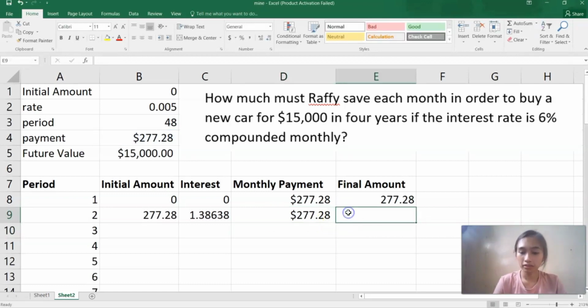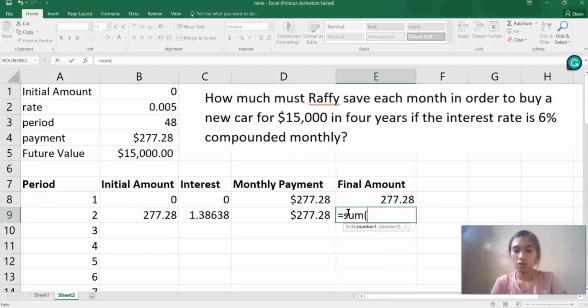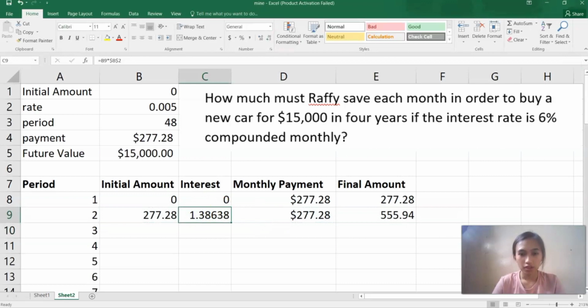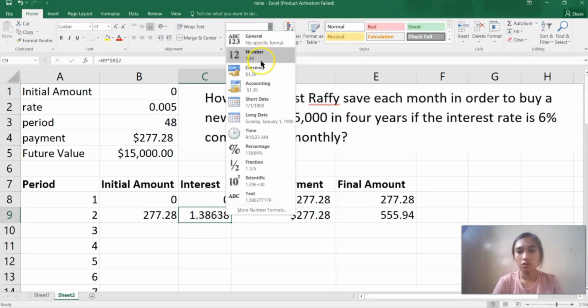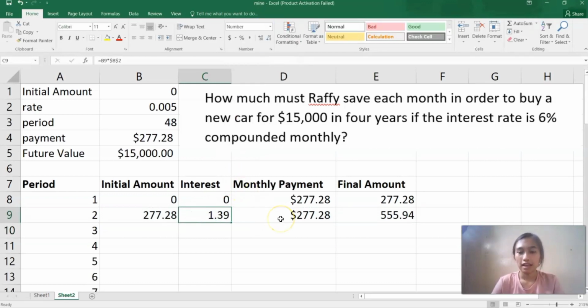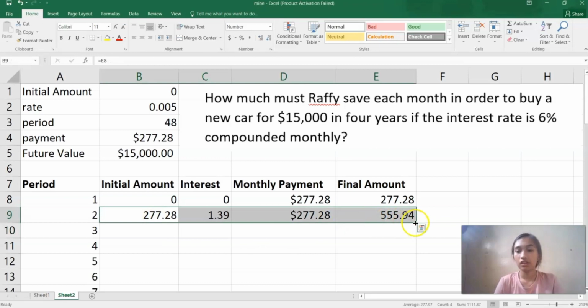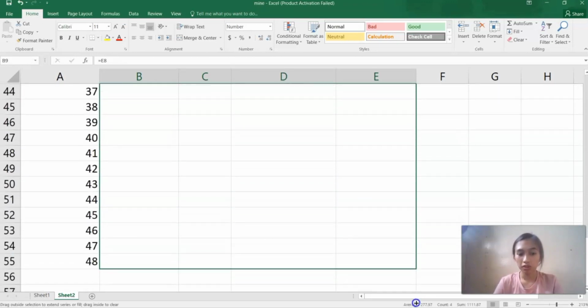And then our final amount, again, we just have to type sum, open parentheses, and then click here, drag it up until the monthly payment, and then enter. Then here you go. That is our final amount. Now, so the use of the $ sign, we have to highlight this one, then click here, and then we can just drag down up until our period.